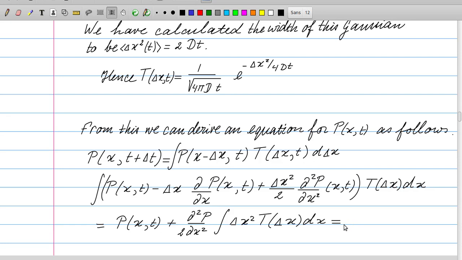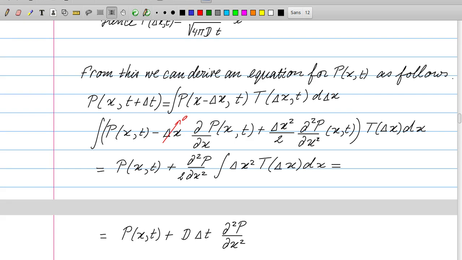If we then calculate the integral, we see that if we multiply delta x by the symmetric Gaussian distribution T and integrate over x, then due to the antisymmetry of the integrand, this term will give 0. So in the end I'm left with this, where delta x squared is the second moment of this distribution, and we can infer that directly from the Gaussian distribution.